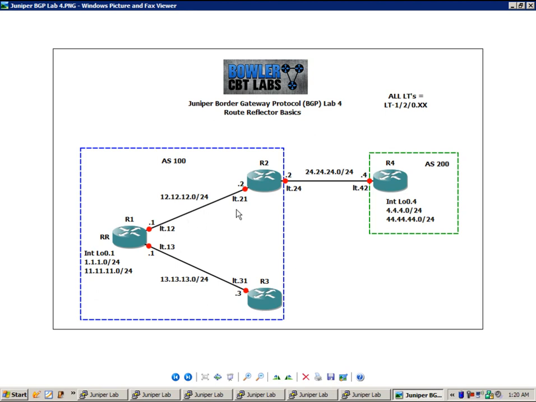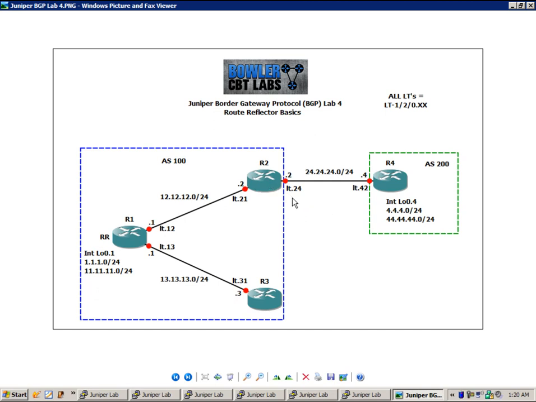Configuring router 1 as a route reflector allowed us to pass routes that we learned via iBGP to our iBGP peers, because by default that is not allowed within internal BGP. Obviously for loop prevention reasons.